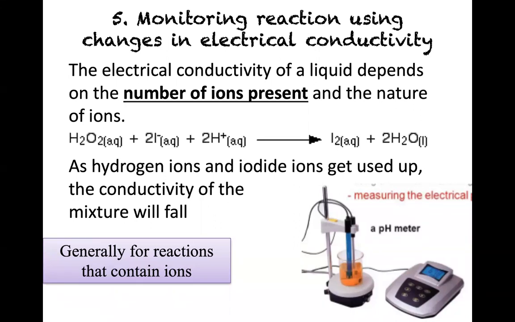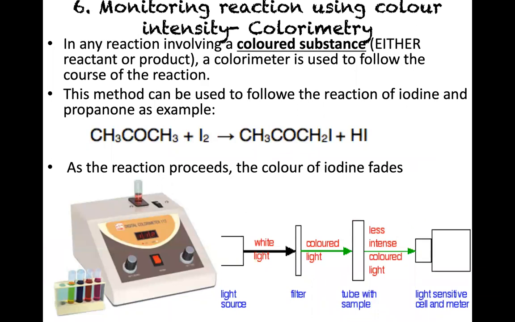The next one is also something that you probably have not done. I'm not sure if you have done it in bio. It's called colorimetry. This has something to do with the intensity of the color. Okay, so you can use a colorimeter to monitor the progress of your reaction, but the idea is that your starting color and your final color in the product must be different.